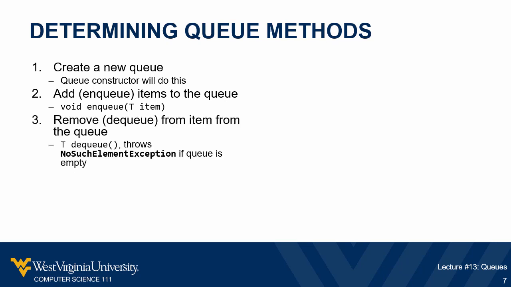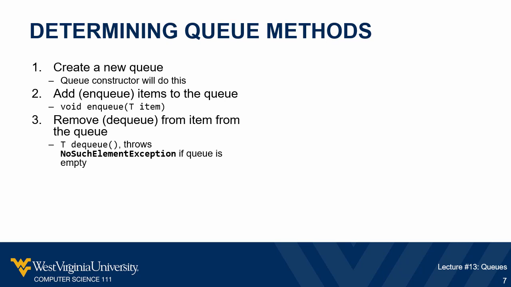I need to have a method to be able to dequeue things, remove them from the queue, and I'm going to call this dequeue. This method is not going to take any parameters. With queues, the operations to remove things happen at the front of the queue. I don't have a need for a method to specify the thing that I want to get rid of, because I'm just taking whatever's at the front of the queue, and that's going to be my T return type because I'm storing T values.